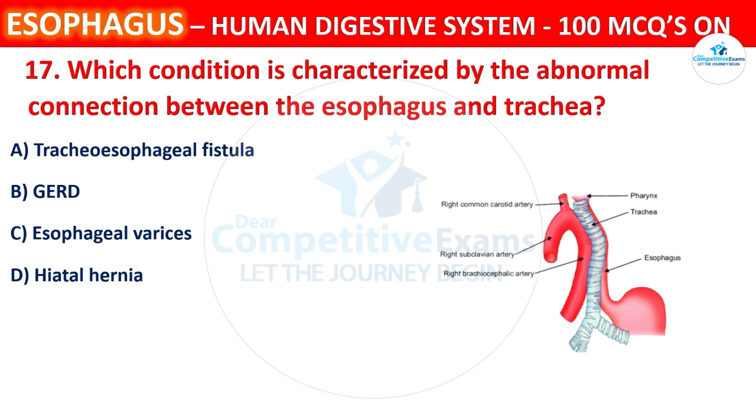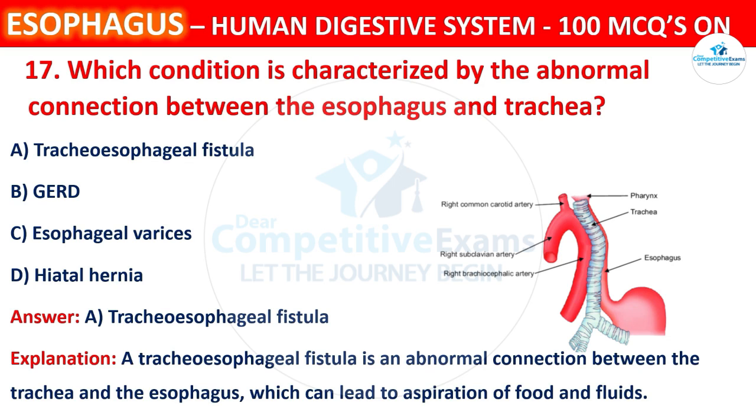The correct answer is A, that is tracheoesophageal fistula. A tracheoesophageal fistula is an abnormal connection between the trachea and the esophagus, which can lead to aspiration of food and fluids.